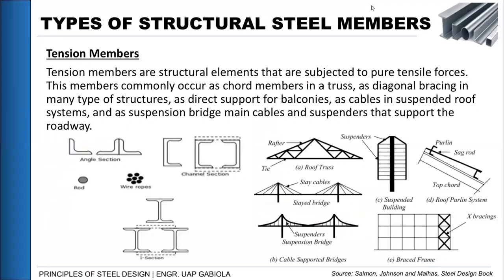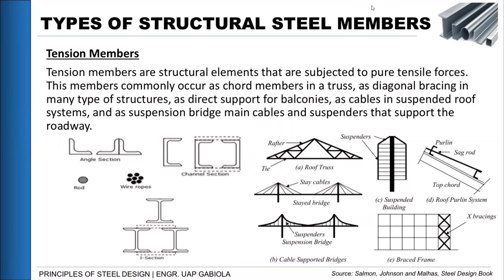Okay. Next, we have the different type of structural steel members existing on our structures. First, and the one that we will be discussing after this introduction is the tension members. Okay, so tension members are subjected to pure tensile forces, meaning the members are always subjected to a pull force.